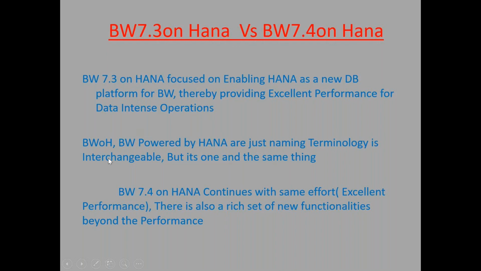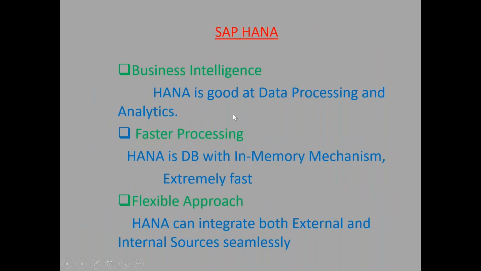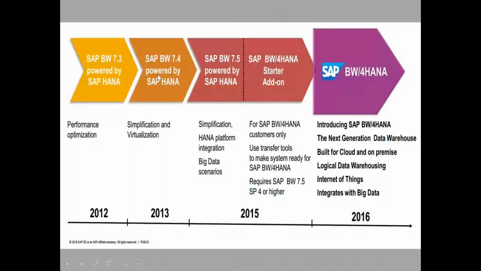When it comes to BW on HANA and BW4HANA, the naming terminology is interchangeable, but it is one and the same. But right from 7.4, they started doing a lot of simplifications.